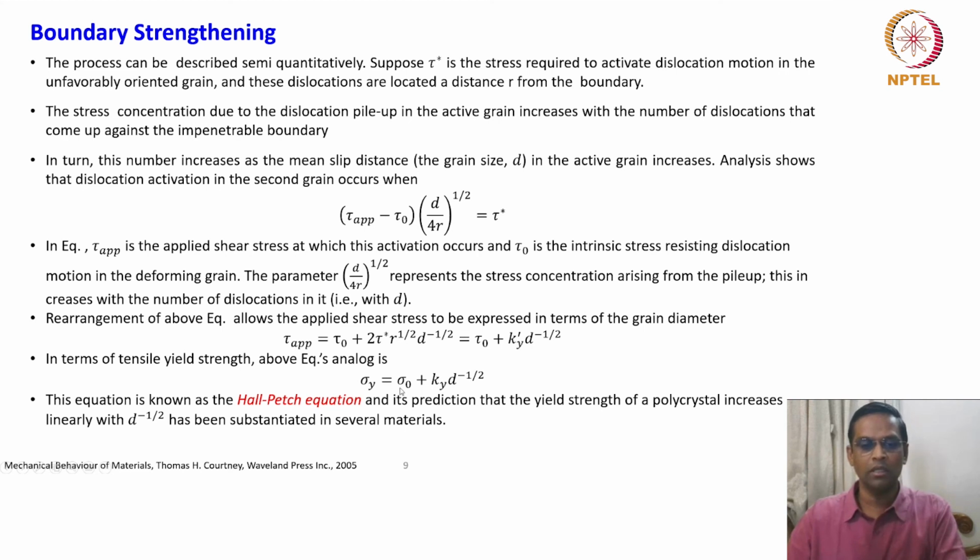It becomes sigma y equal to sigma naught. That means it becomes single crystal deformation. But the moment you bring in a boundary, then you have the influencing parameter called K here, which gives much more narrative about how the grain size influences, which is a characteristic of individual systems.